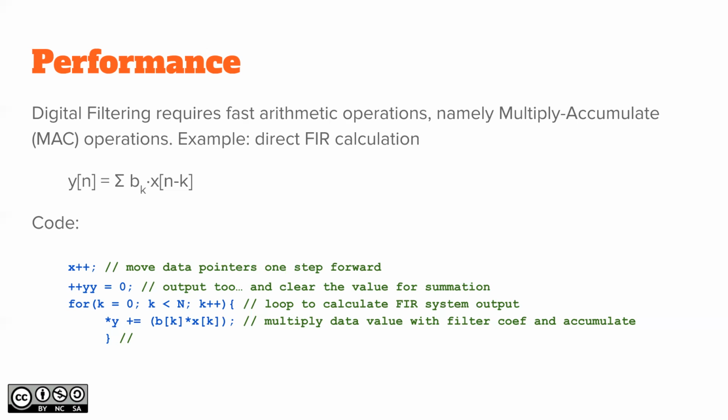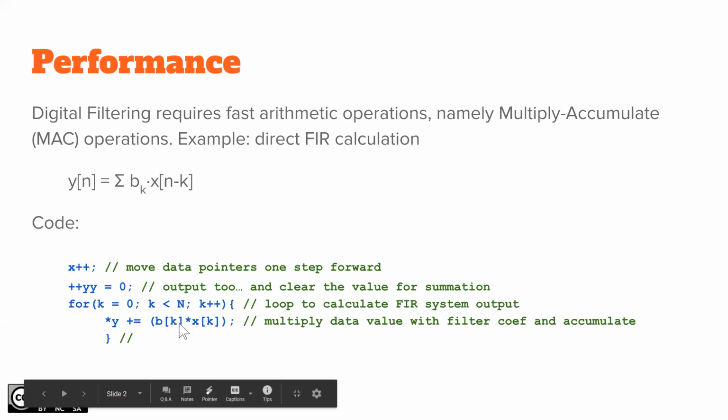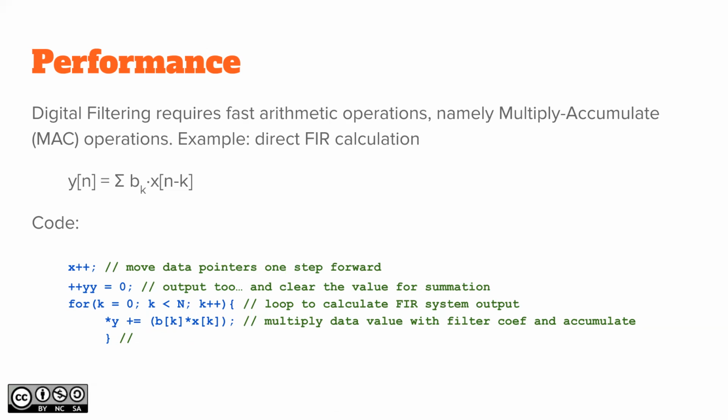Okay, but anyways, the performance comes from the fact that you have a multiply operation, and you have a summation operation, so an accumulate operation. So that's what takes the time.